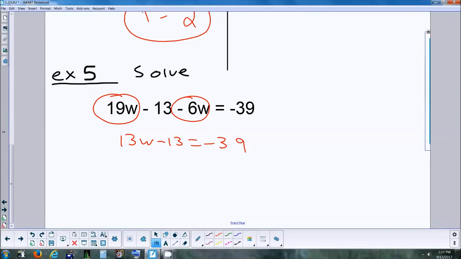You add 13 to both sides. What's on the left-hand side now? Just the left side. 13W. Yep, 13W is still there. But what's negative 39 plus 13? Negative 26.